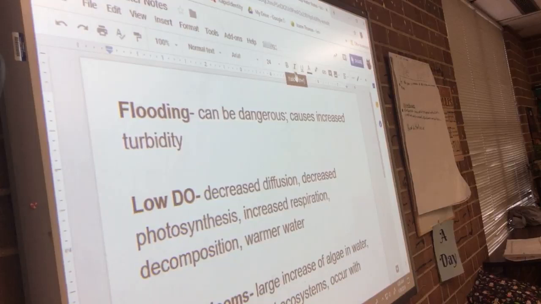And what are our plant nutrients that we don't like to have in the water? What's one of them that y'all tested for? Nitrates. What's the other? The other chemistry test. What's the other drop test you did? Phosphates. So nitrates and phosphates. You have a lot of that in the water. It causes an algae bloom. It can suffocate the other life forms in the water. It can be toxic, so it can cause a lot of issues.